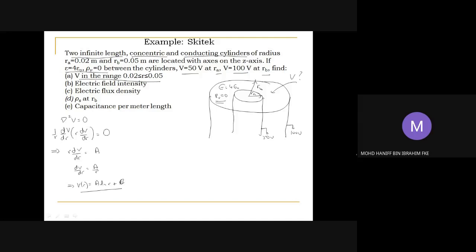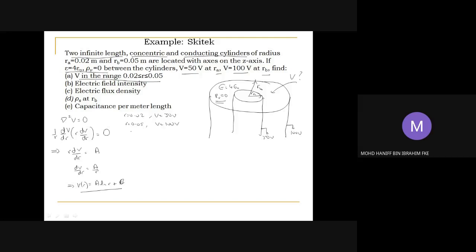Okay then, now we need to use the boundary conditions given to find the exact values of A and B. We are given that at r equals 0.02, V is 50 volt, and at r equals 0.05, V is 100 volt.